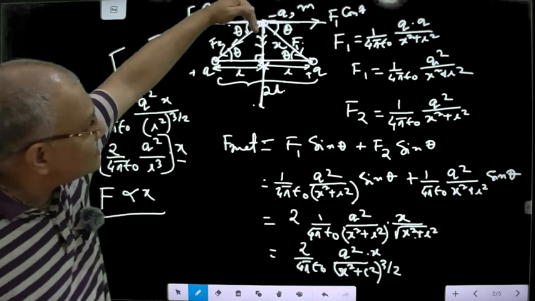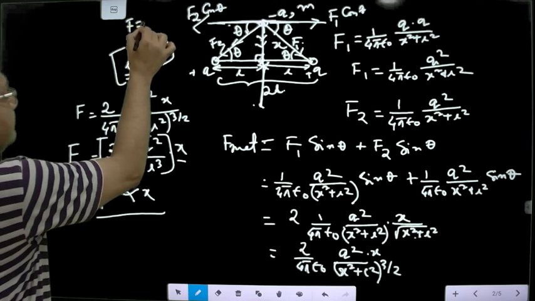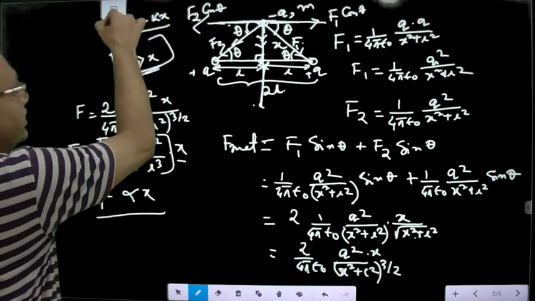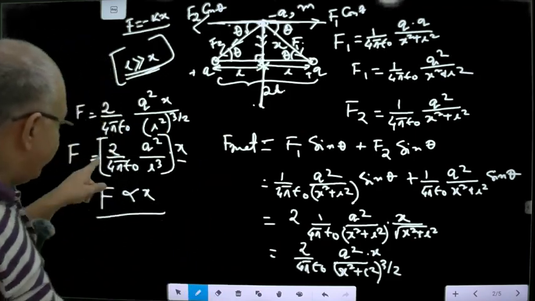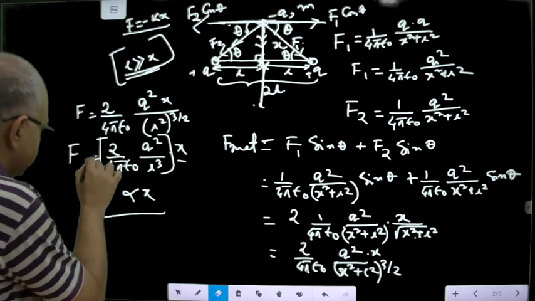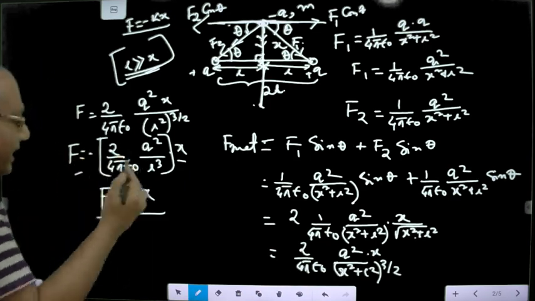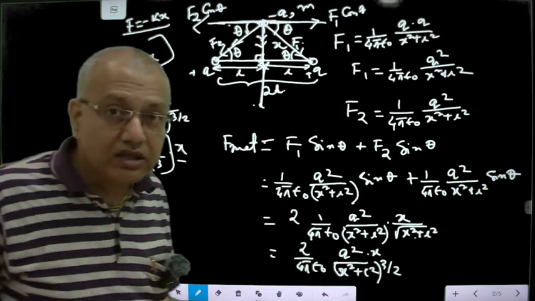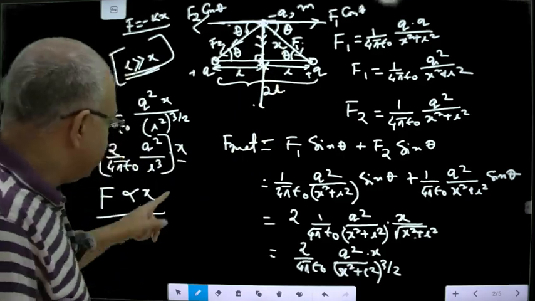Since it is a restoring force, the property of the SHM is F is equal to minus Kx. That we can put here. We can put the negative sign also here. Why minus? Restoring. This is bringing it back. And it is proportional to x.